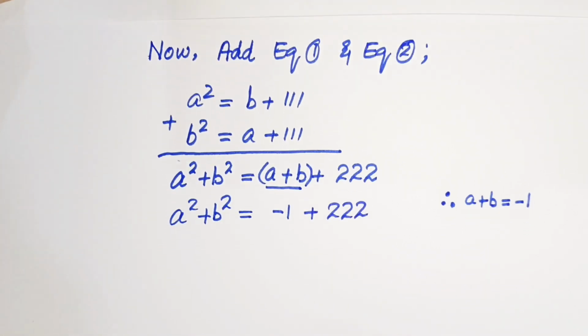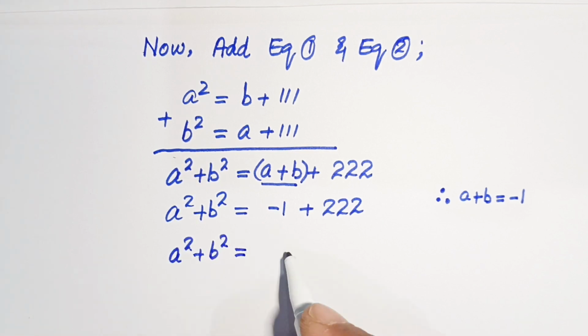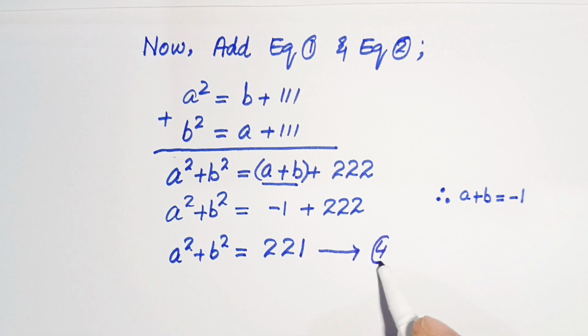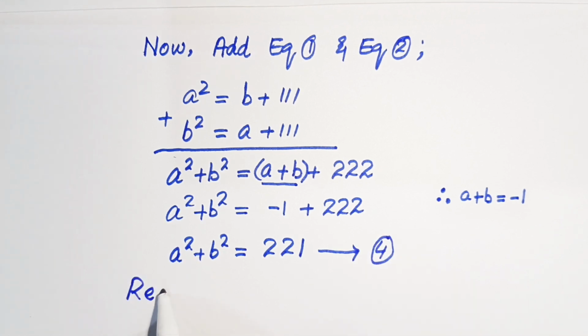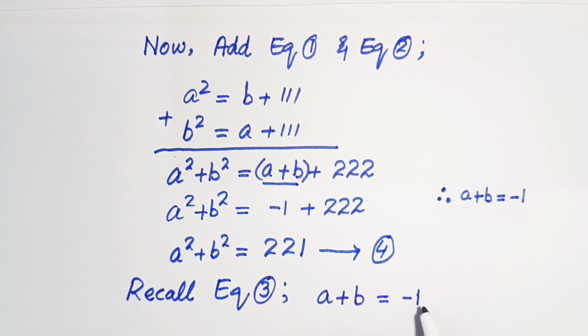So a squared plus b squared is equal to 221. Let's say it is our equation 4. Now we are going to recall our equation 3, that a plus b is equal to minus 1.